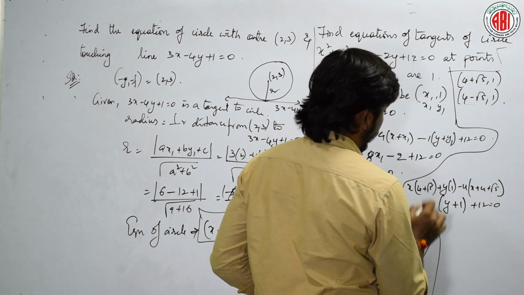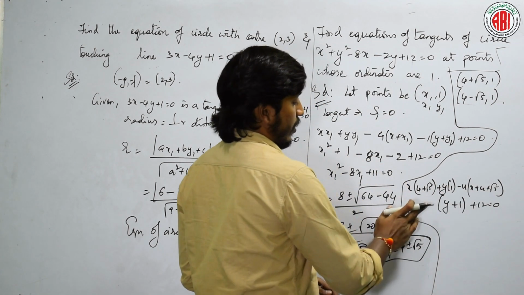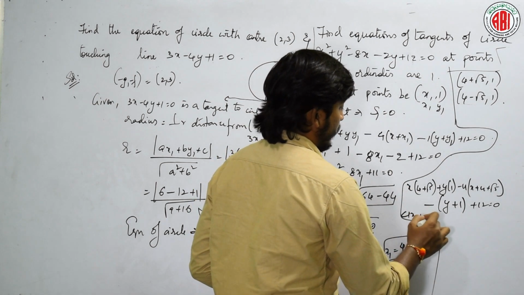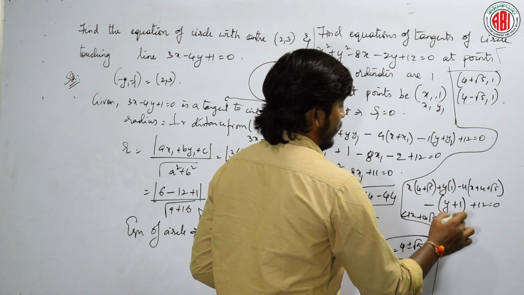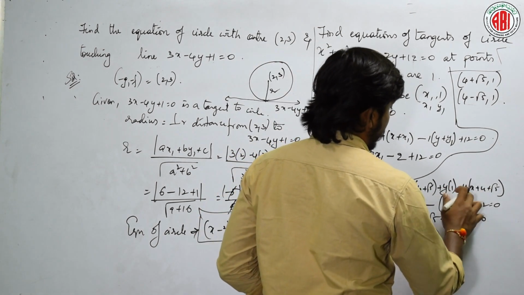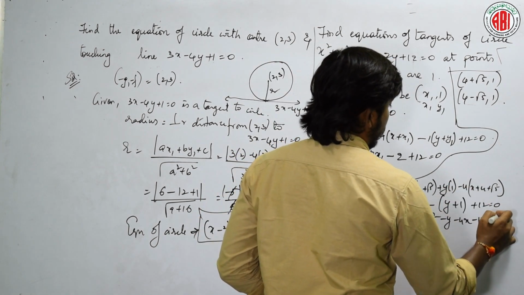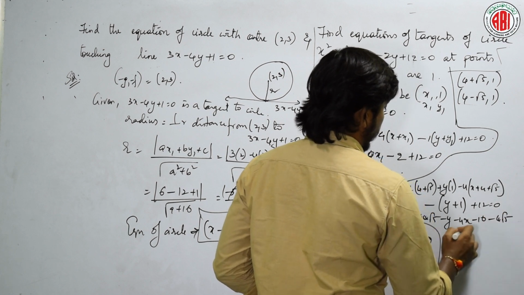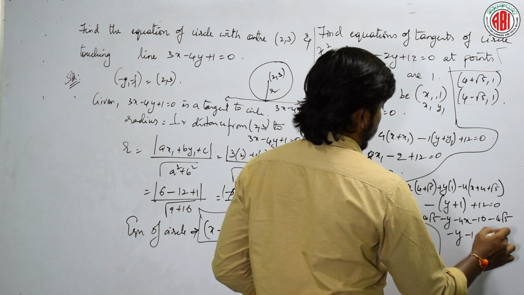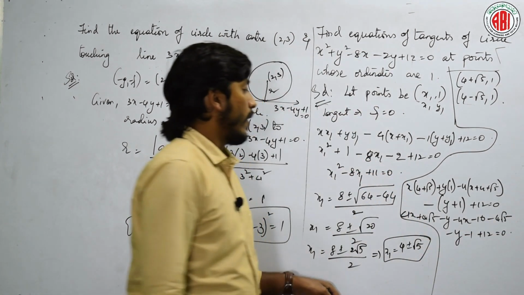Let us multiply everything all together. This will be 4x plus 4 root 5 minus y minus 4x, and here minus 16 minus 4 root 5, and here minus y minus 1 plus 12 is equal to 0. Okay.